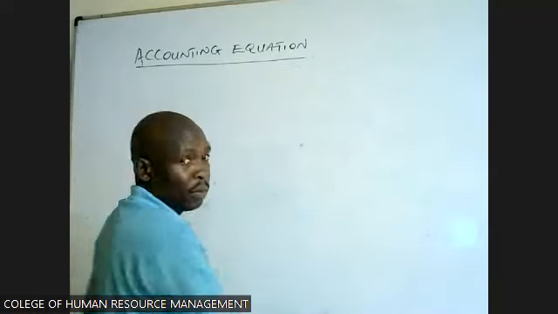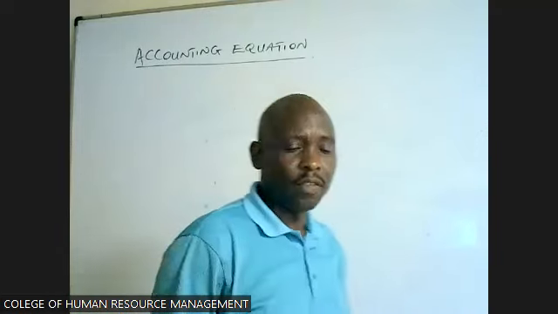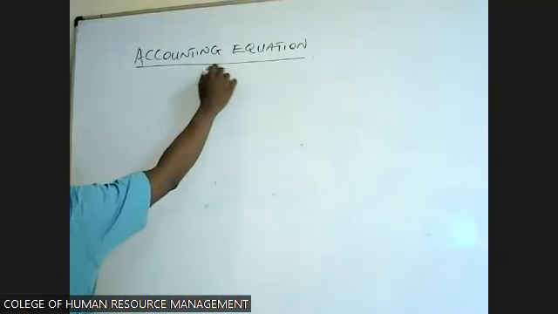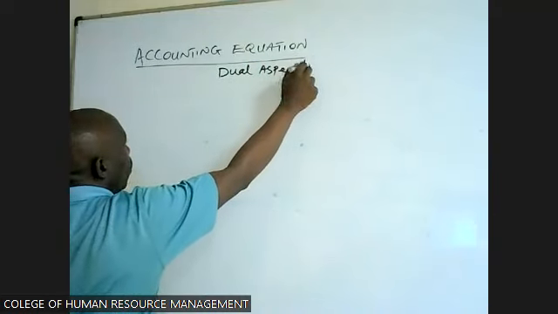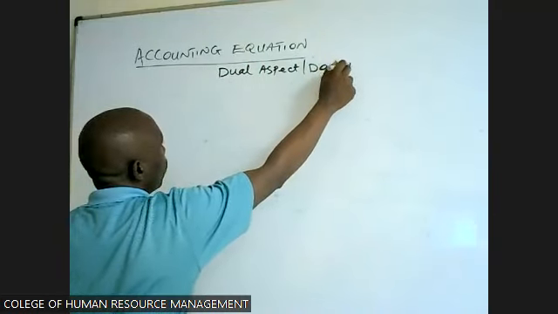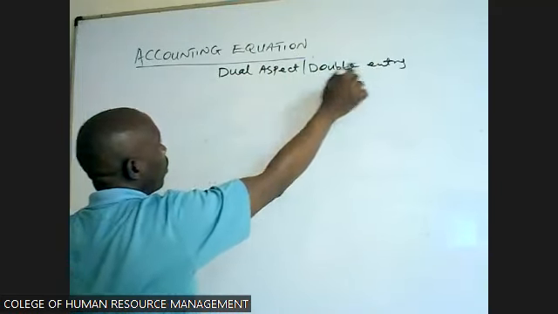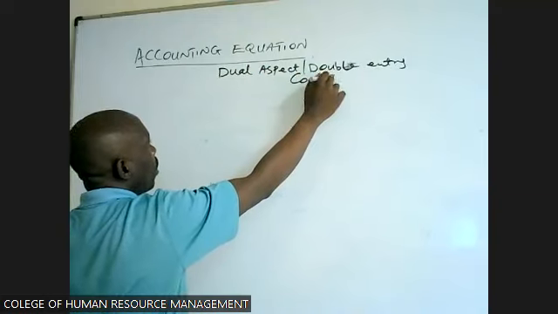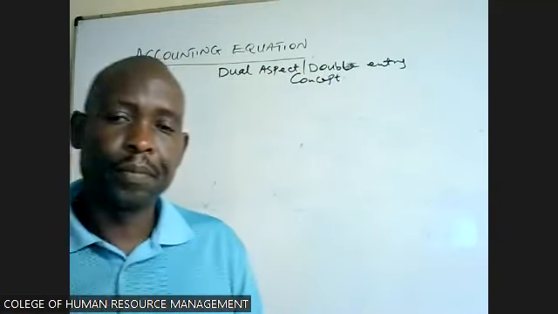When we were doing the accounting principles and concepts, there's one concept we talked about, which is known as the dual aspect, also known as the double entry. The dual aspect or the double entry concept.